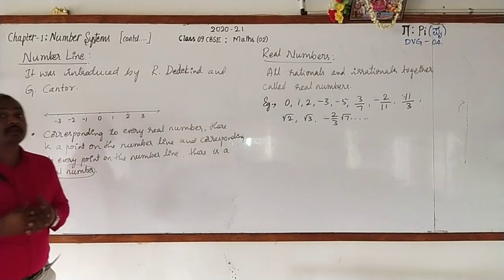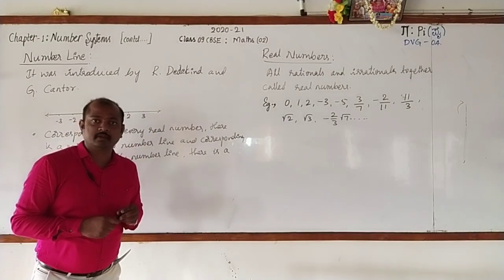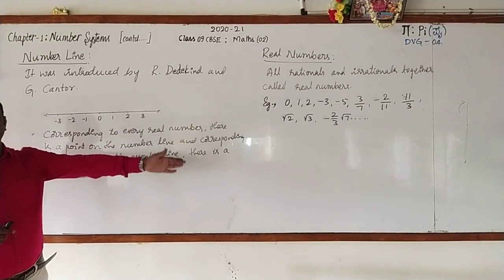Now, let us come to know how to represent one of the real numbers, that is the irrational number, on the number line.